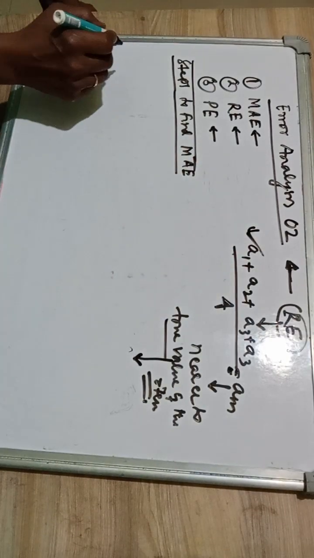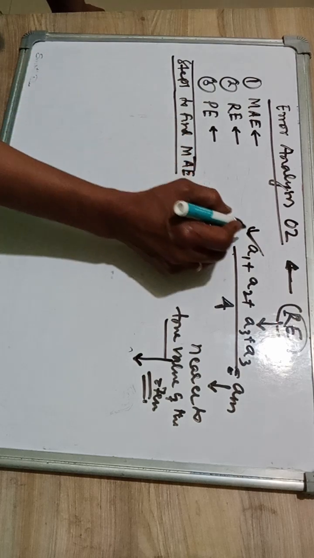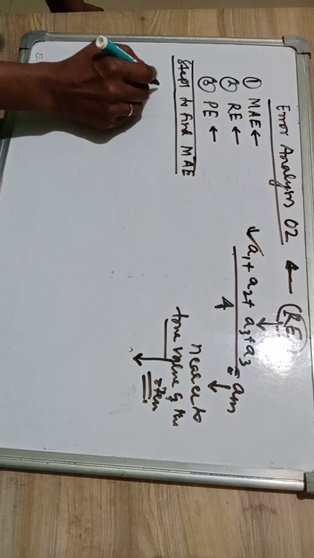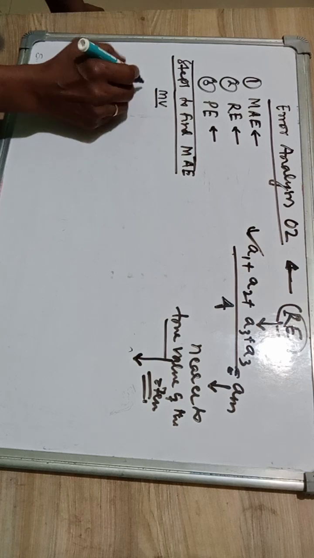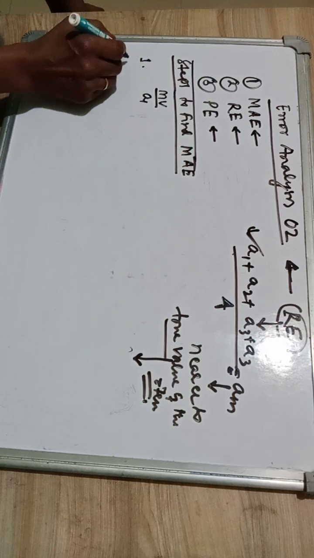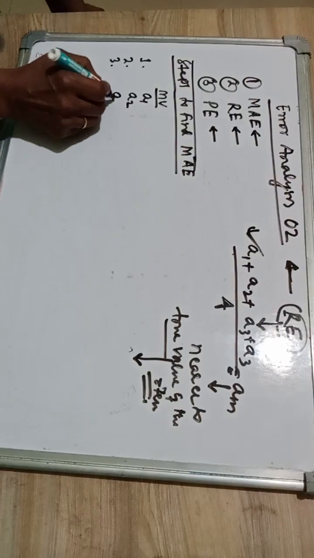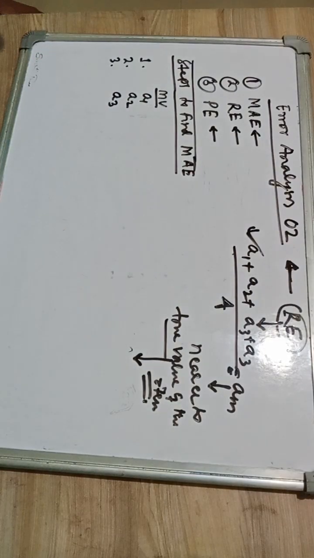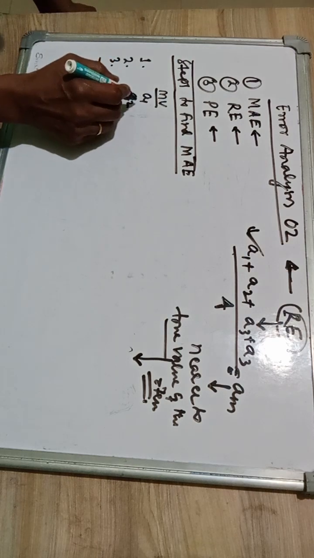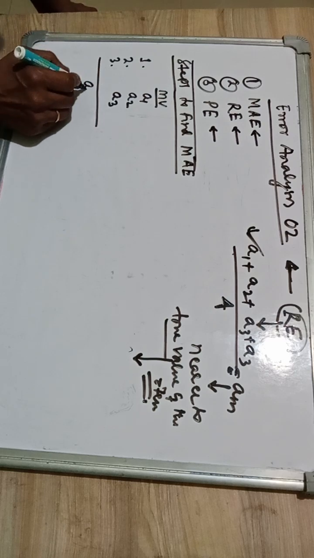Suppose in the first measurement the measured value is A1. In the second measurement the measured value is A2. The third measured value is A3. Then we take the average, or mean, of these measured values.